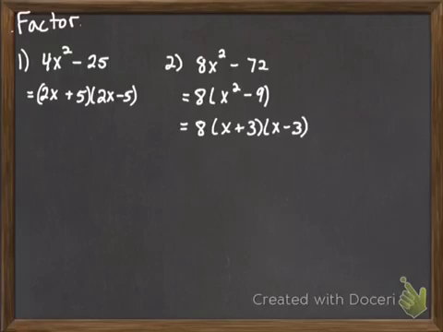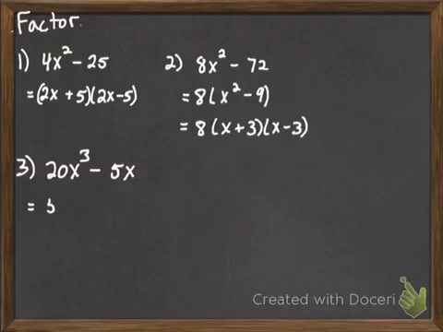Now, in the examples we're going to do in a moment here, we're going to kind of turn them up a little bit and make them a little bit more involved. So moving on to example 3. So in this example we have 20x cubed minus 5x. Again, starting off, this is not fitting the format of a difference of squares, but take a moment, pause the video, and factor out the common factor.